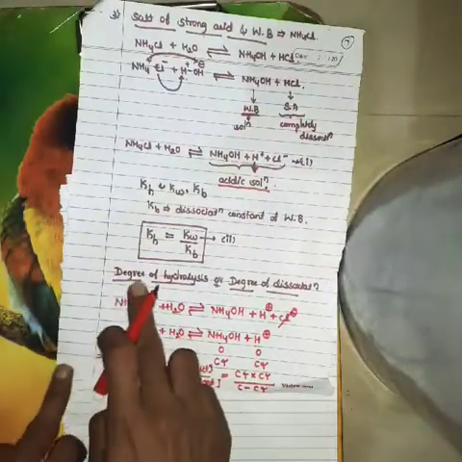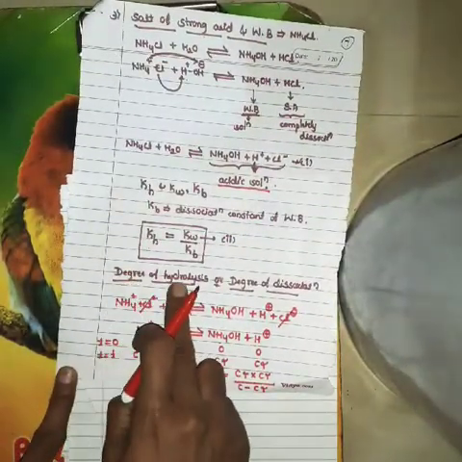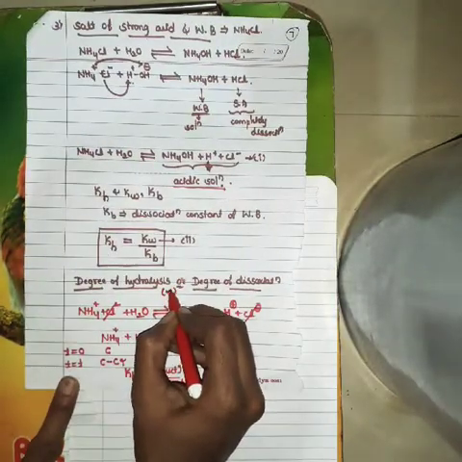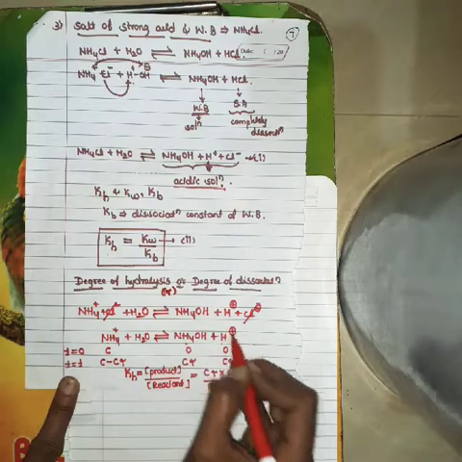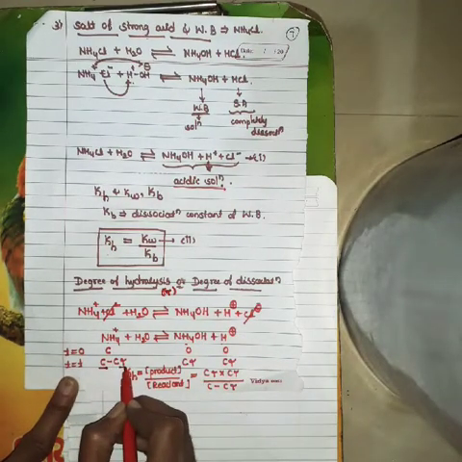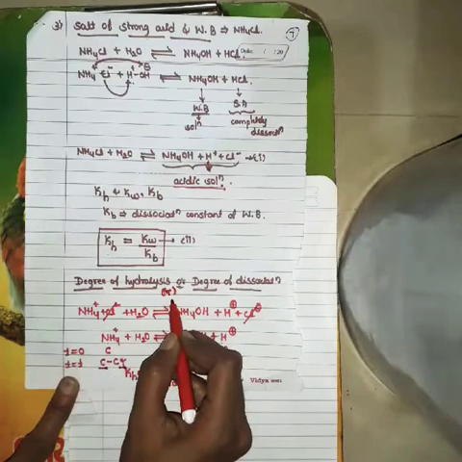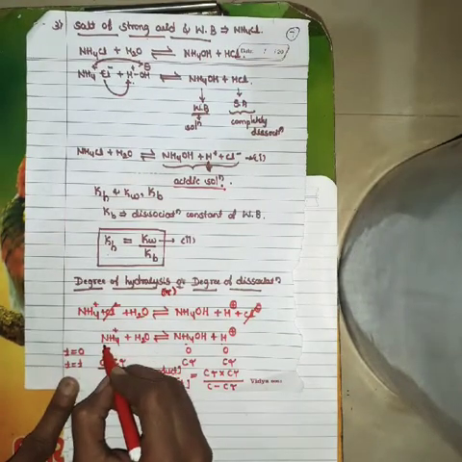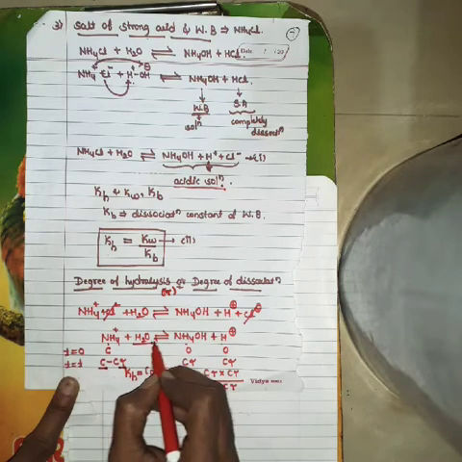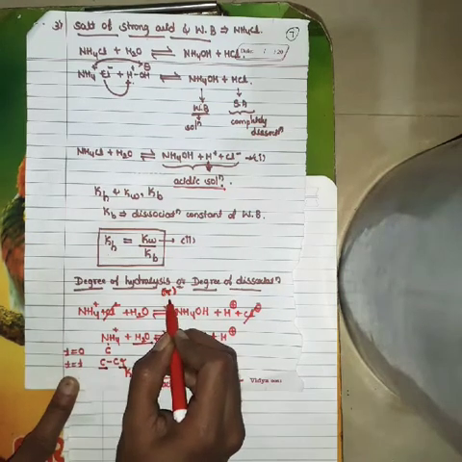Here our aim is the degree of hydrolysis, which is denoted by alpha. C means concentration and alpha means degree of hydrolysis. How much of the reactant converts into product in the presence of water is called the degree of hydrolysis.